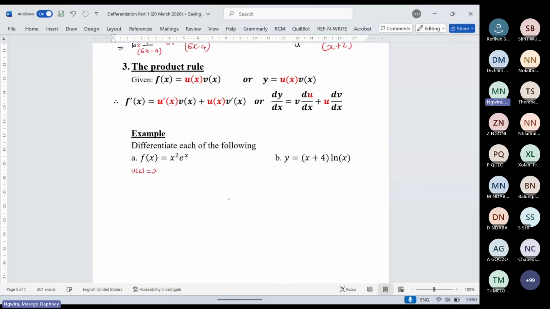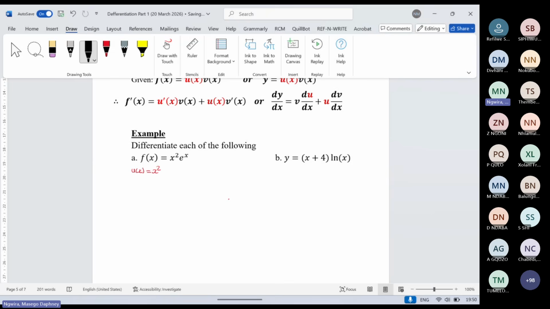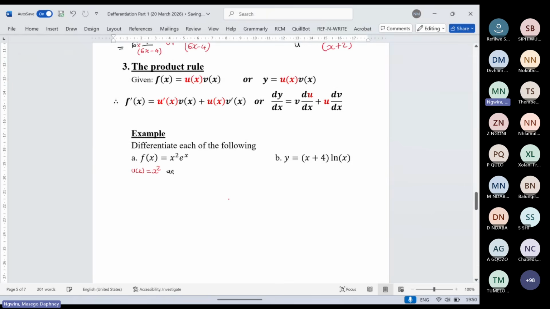And then my v(x), we're just using the rule, my v(x) is e to the power of x.